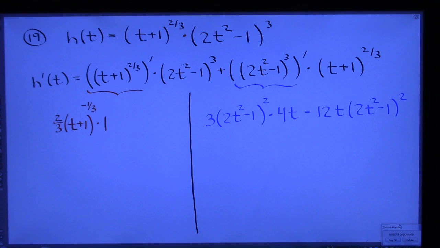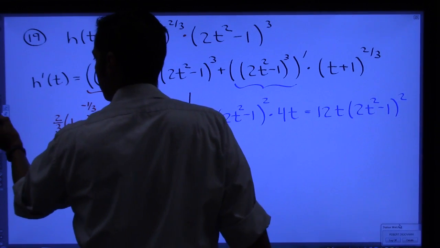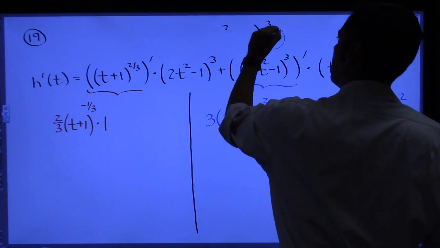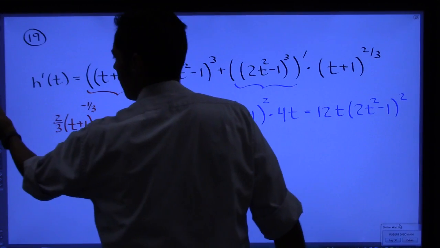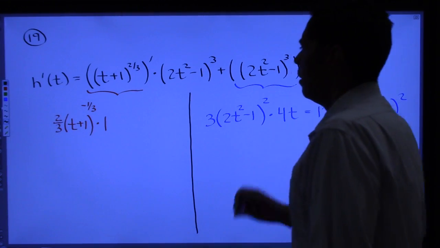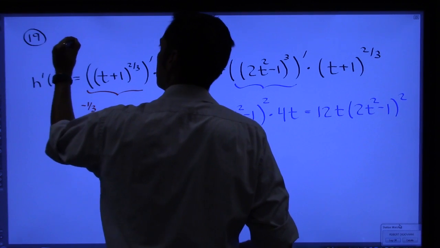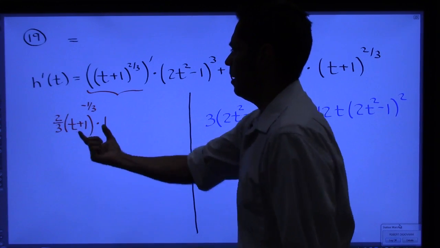Okay, so I'm ready to continue now. And so what I'm going to do is I'm going to come up here, I'm going to erase this. I'm going to put the answer above this. All right, so I have h prime of t equals this right here, which is this.